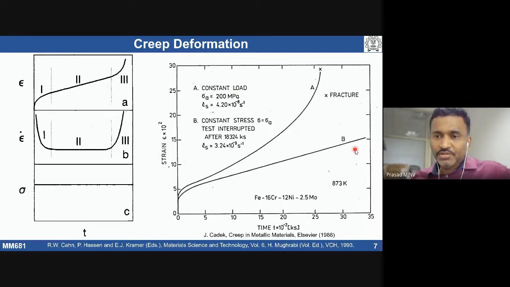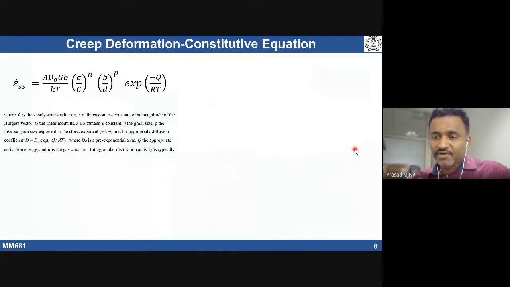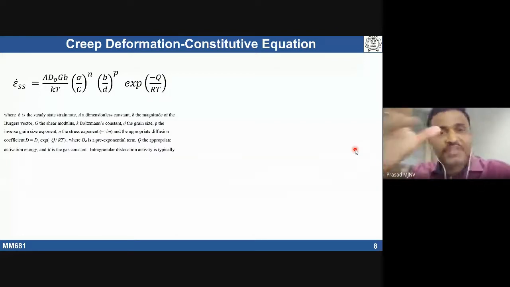When you talk about creep deformation, we need to have some scientific understanding of what type of mechanism is taking place. If you know the mechanism, then I can design the material so that I can control creep deformation.